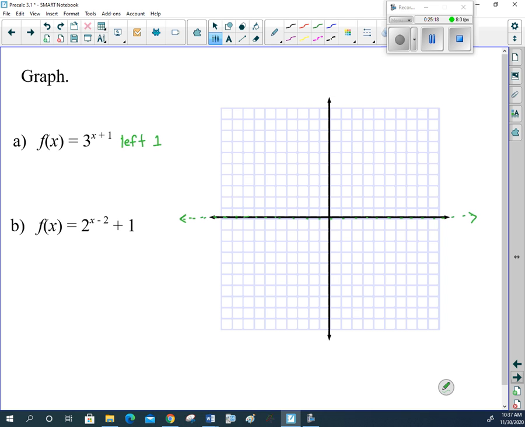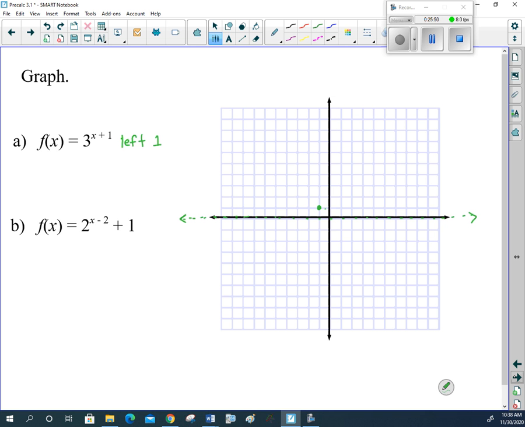Now, I do know that on all exponential graphs, the initial graph without any transformation crosses the y-axis right there at 1. Its initial value is 1. Well, since I know that's a graph and I'm moving it left 1, I'm going to take this one and move it left 1, and now my y-intercept is going to change, but it doesn't change the fact that I'm still going to graph a growth function.